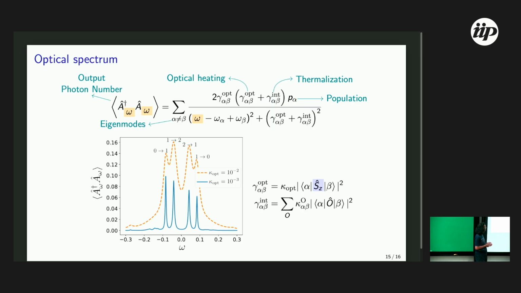That's the only reason behind these asymmetries. Of course, if you have a higher input power or somehow higher effective magneto-optical coupling, for whatever reason, then eventually optical photons will start heating up these eigenstates, and the population becomes equal, and we start losing this asymmetry.